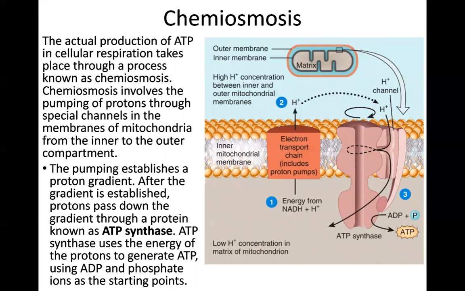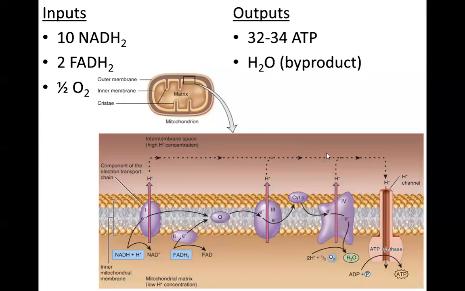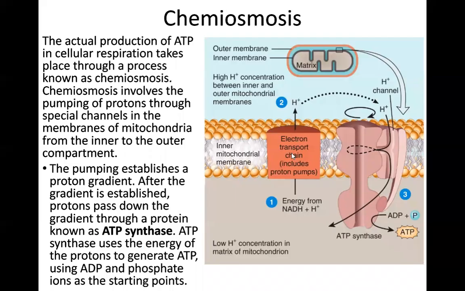So let's talk about that on this page. Actual production of ATP in cellular respiration takes place through a process called chemiosmosis, which involves the pumping of protons. Remember, protons, that's what H plus is. Okay, this is just showing you a very simplified version of the electron transport chain. All of those purple blobs that were on this page, they've just combined it to one block in this page.